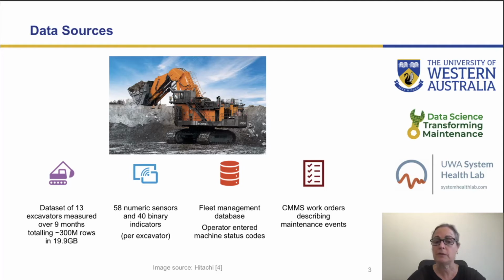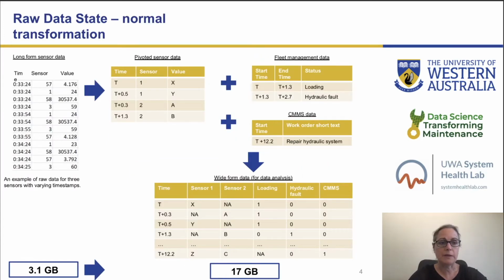First, the Fleet Management Database is a database into which the operator enters machine status codes such as waiting, loading, scheduled maintenance, and also various events of interest such as hydraulic faults. And we have the computerized maintenance management system, which has work orders describing maintenance events that are actually performed on the excavators.